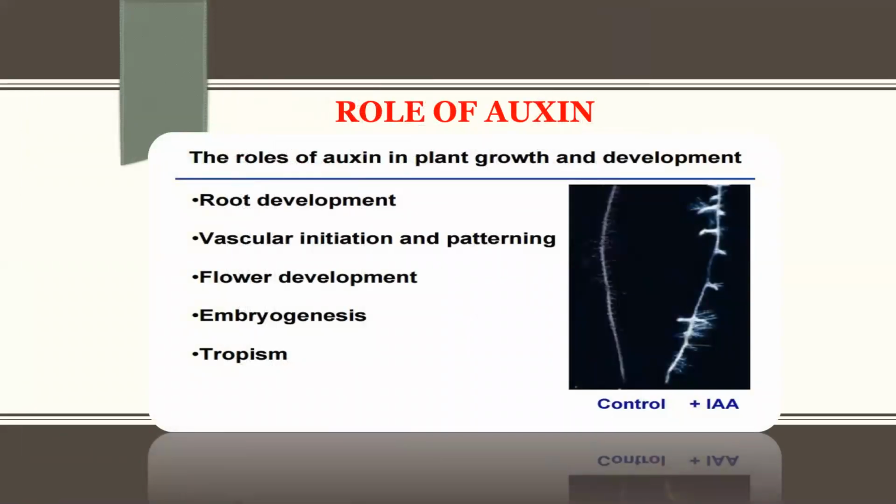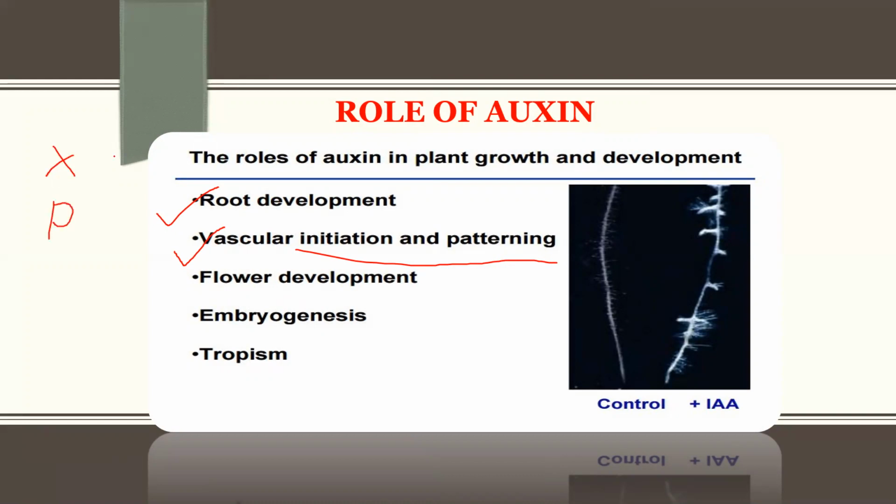Now, the role of auxin in plant growth and development is for rooting. It promotes adventitious rooting. Then vascular initiation and patterning. So auxin initiates cell differentiation in xylem and phloem cells.